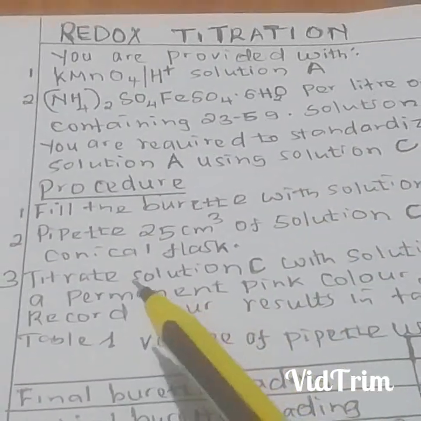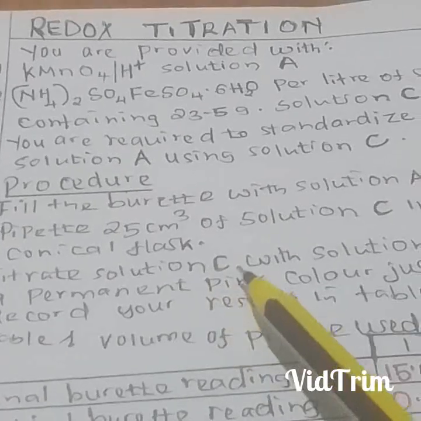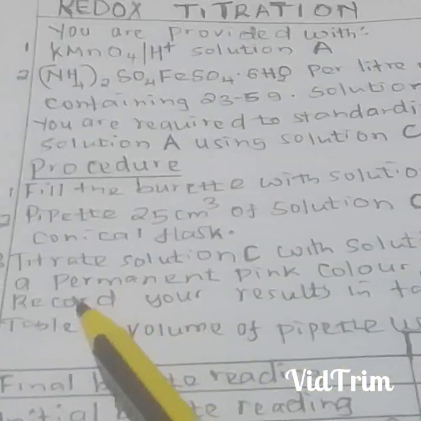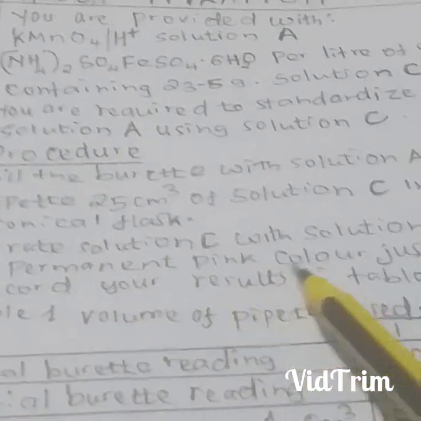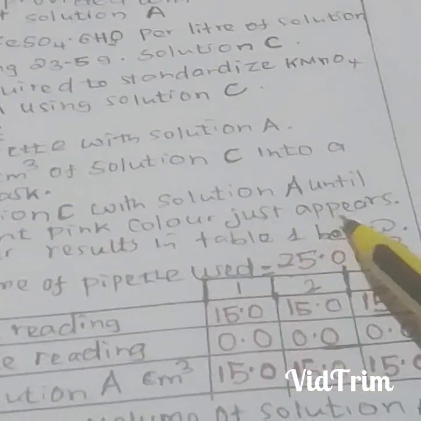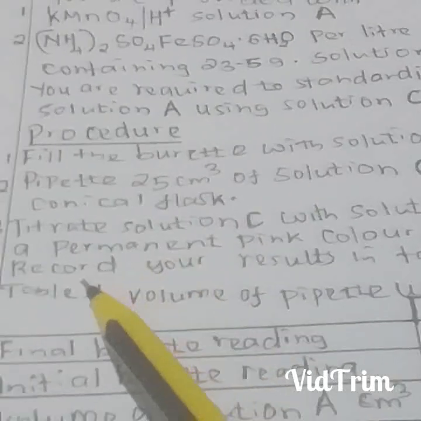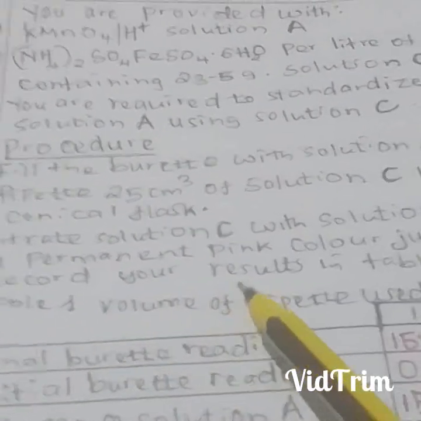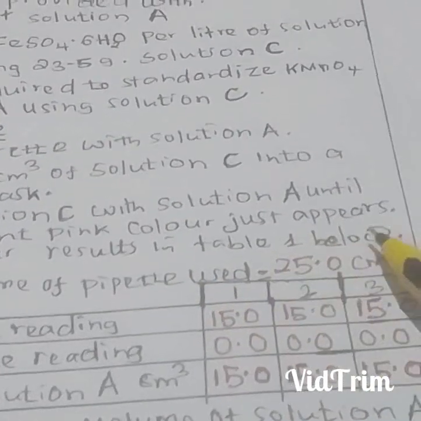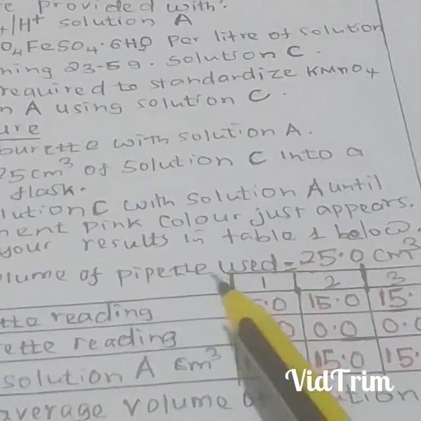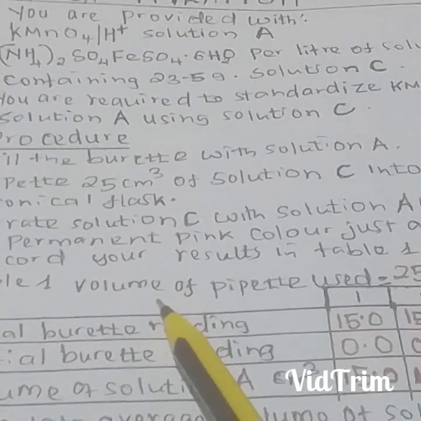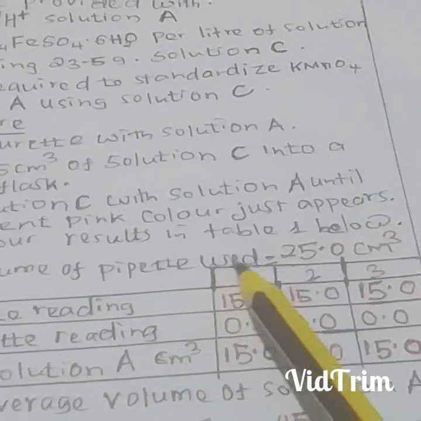Then procedure number 3, titrate solution C with solution A until a permanent pink color just appears. Then, my student, you now record your results in table 1 below. But before you complete the table, remember, you are always given the volume of the pipette used.